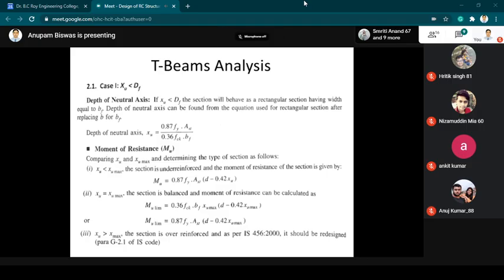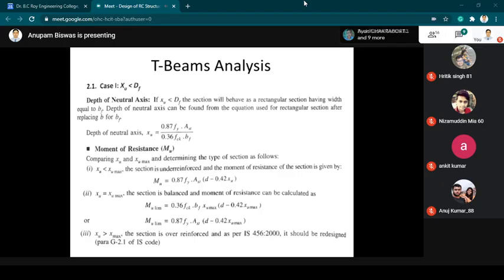From table 4 of the IS code, we can get the value of xu max by d for different steel grades, and from there we see what the value of xu is with respect to xu max.